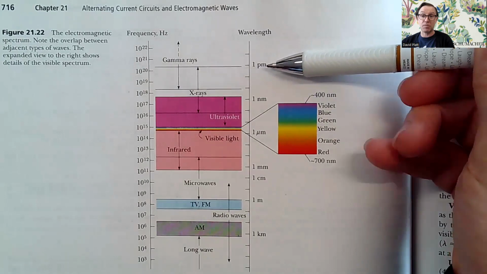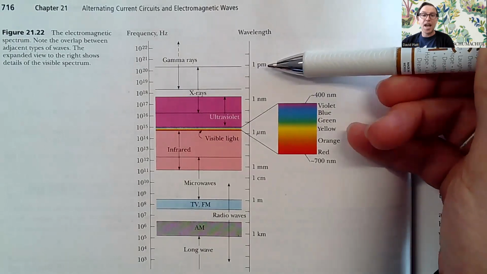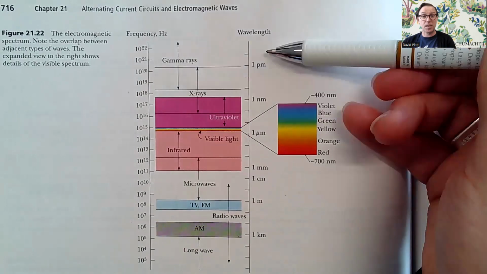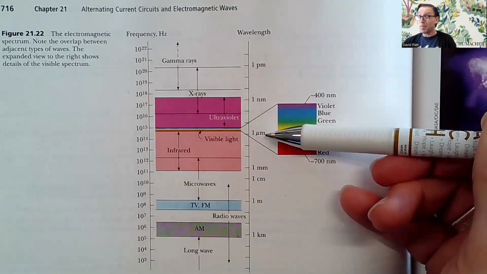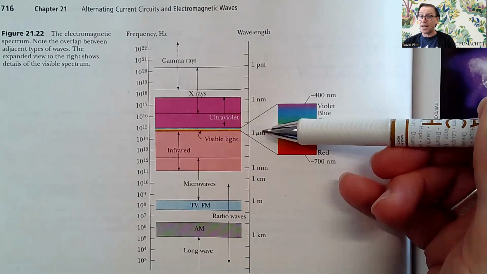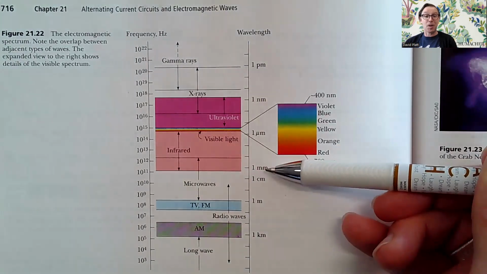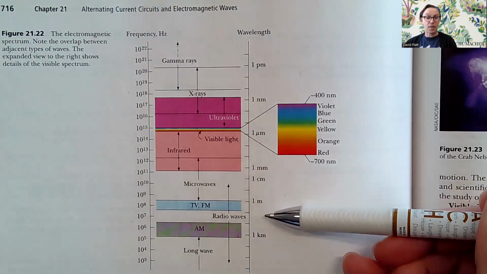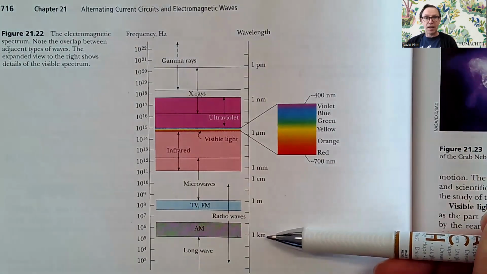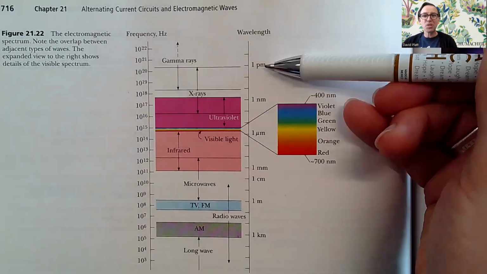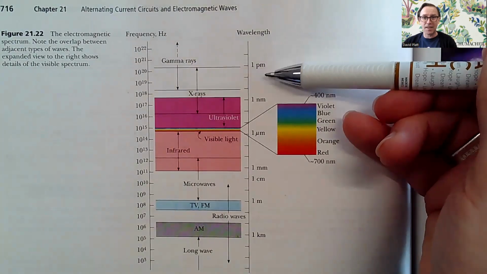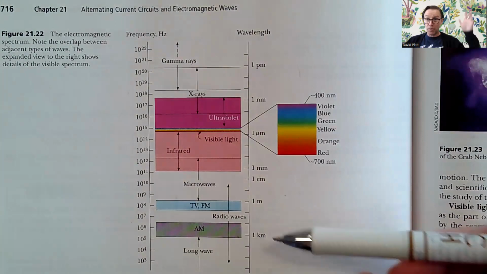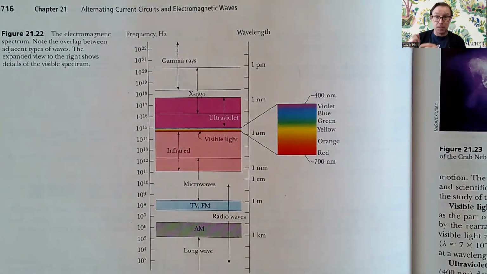Nano is 1,000 times bigger than pico, micro is 1,000 times bigger than nano, and milli is 1,000 times bigger than micro. And then meters, and then thousands of meters of wavelength. So we go from really, really long to really, really small.